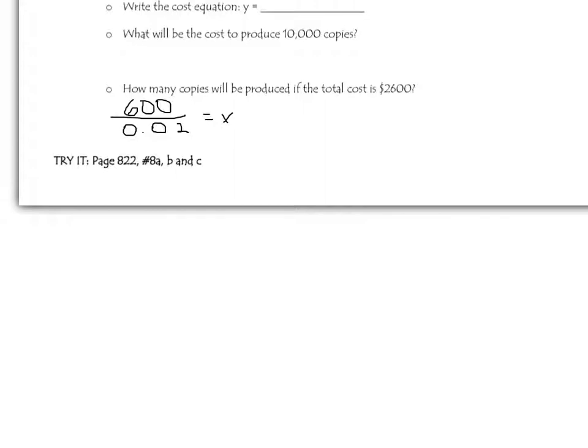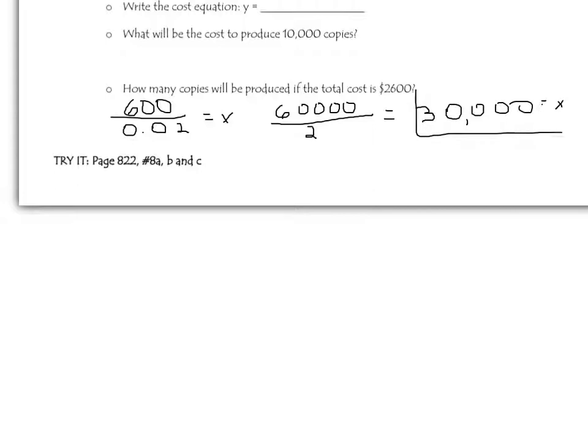So you would get 600 and then 2 more zeros over, and then your denominator, when you move the decimal 2 places to the right, you get 2. So 6 divided by 2 is 3. Write down all of those zeros and you get 30,000 equals x. So the number of copies you could make is 30,000 copies.